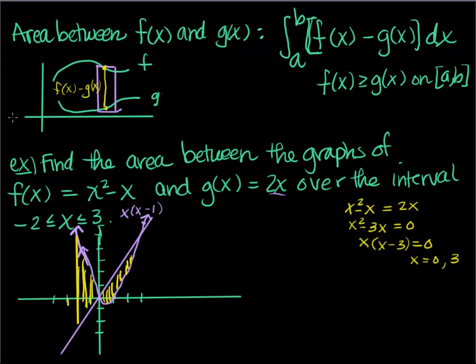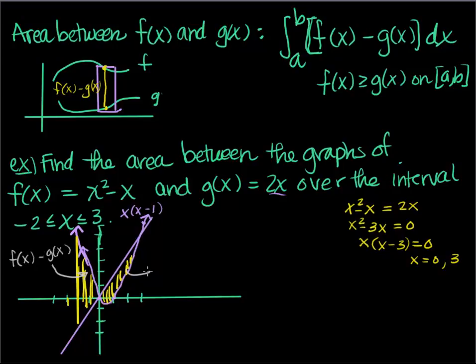Now the interesting thing about this, and why I wanted to do this problem for you, is that I actually have to have two separate integrals. In this case, with this first yellow area right here, which one is bigger than the other? Well, the parabola is on top, right? So I'm going to have f of x minus g of x on this side.